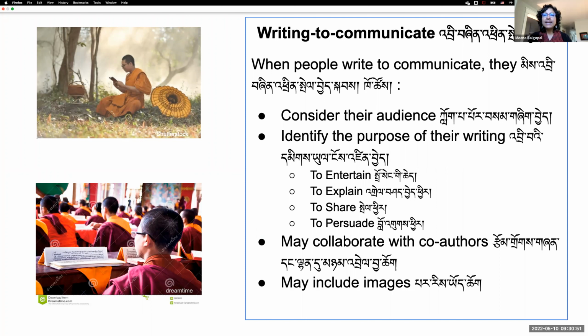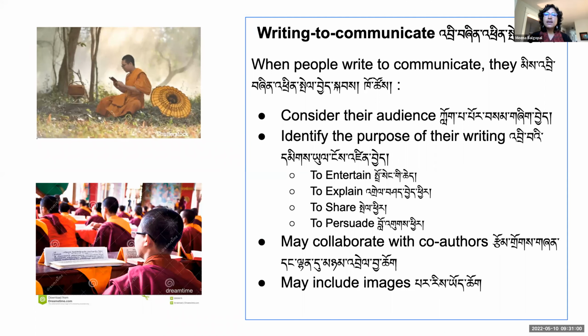Maybe you're explaining, such as giving directions of how to do something. Maybe you're sharing your ideas, like the narrative. Maybe you're persuading somebody, you're trying to convince somebody of what to do. And in the process, you may collaborate with other people and you may also include images.